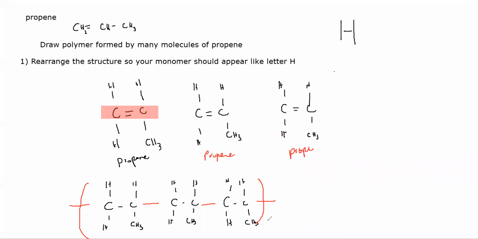So we put a bracket and write N. What does N mean? It means there are many molecules which are also linked, and this will continue till N. If we have N molecules of propene, they will form a polymer. What will be the name of this polymer? The monomer was propene, so the polymer will be polypropene.